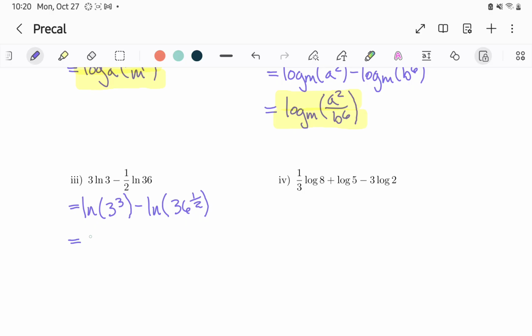Okay, then we can use the quotient property to say that this is equal to the natural log of 3 cubed over 36 to the 1/2, which by the way is the same as the square root of 36.